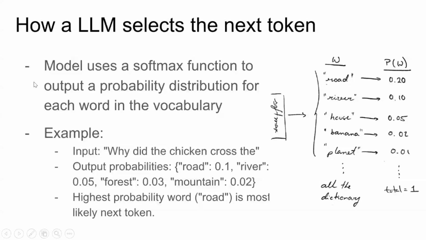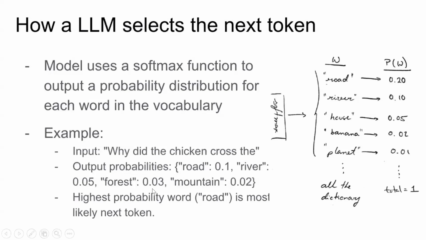Okay, so it uses a softmax function to output a probability distribution over each word in a vocabulary. Vocabulary means, when I train my model, let's say I have trained it with just 100 words. Just take an example. It will create one dictionary of those 100 words.